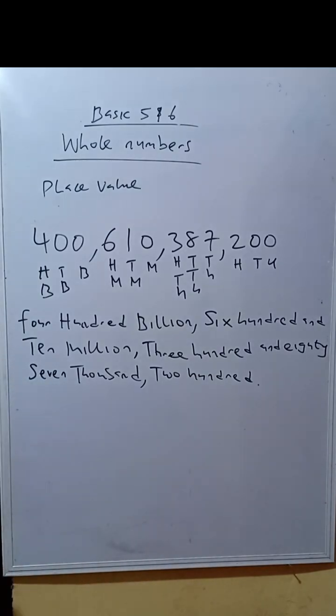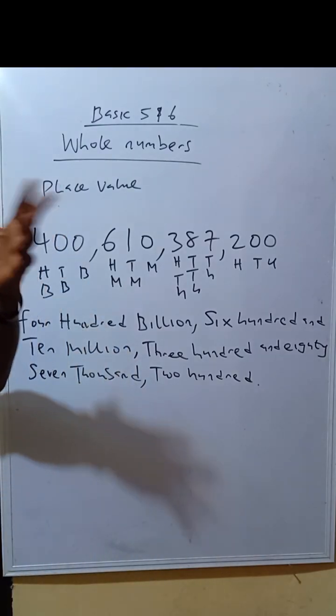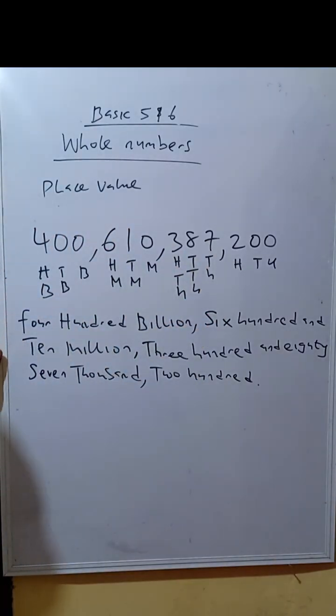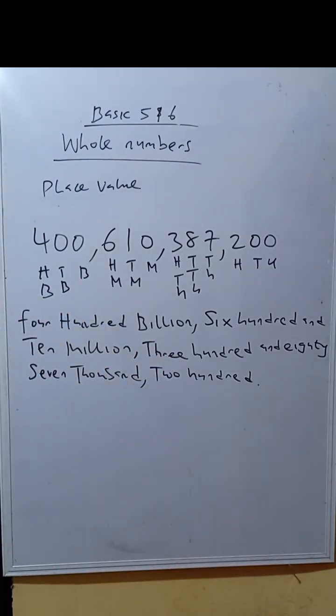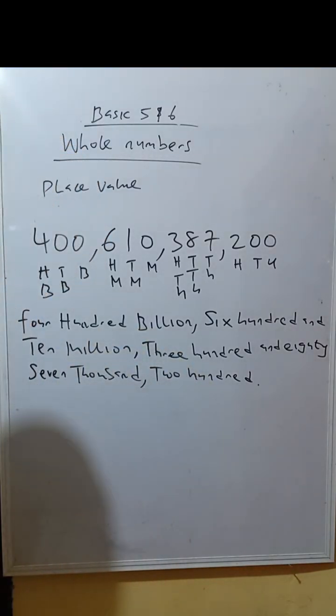I hope you've learned how to write down numbers that are in billions, millions. And I hope you've learned how to not just write down numbers, but write those numbers in words. So write this down, and this is your assessment. This is what you will do.